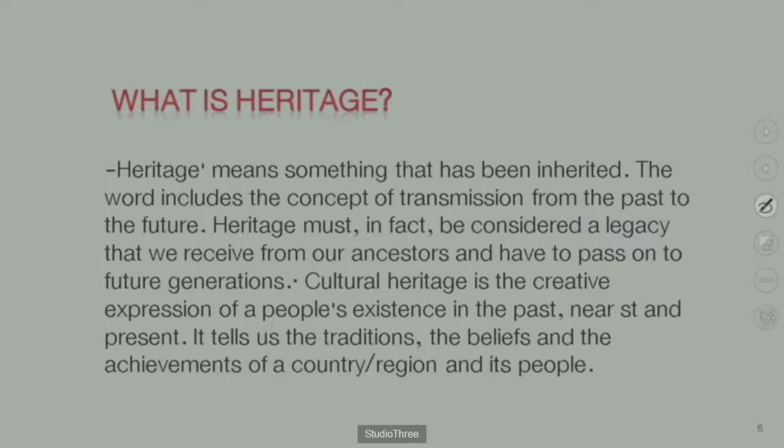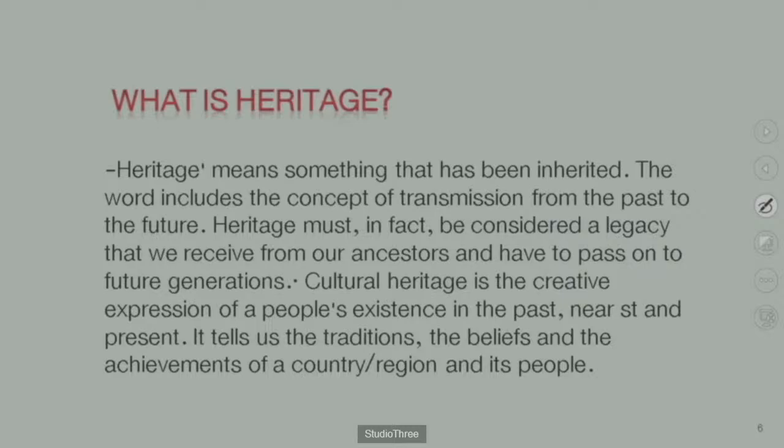Friends, this is a legacy that is passing from one period to another. Today we are living in the present time, but in the past it was formed for the knowledge of us. And friends, it is our duty to preserve it and carry it forward for the next generation.